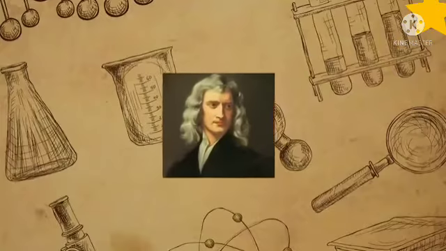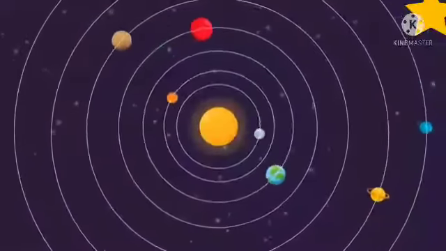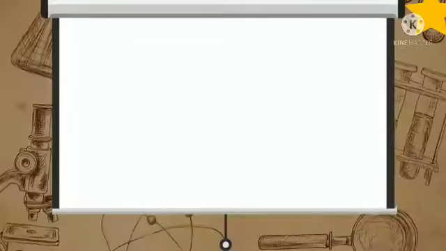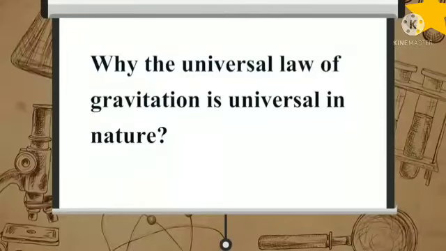It was Newton who explained it: the planets' motion is due to the gravitational force the sun exerts on them.